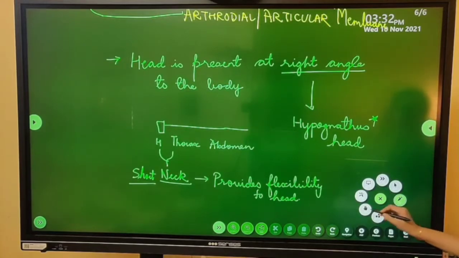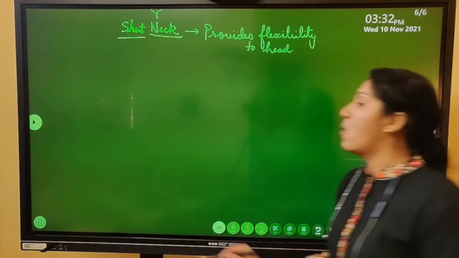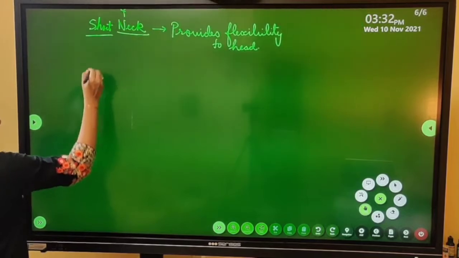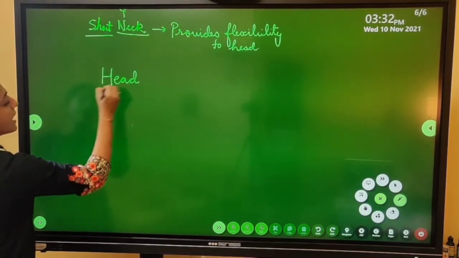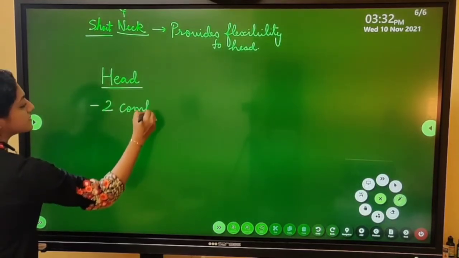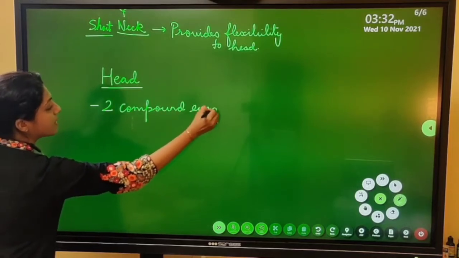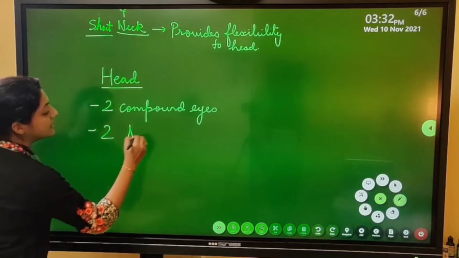And now let us move further. What all things will the head have? Head will have two compound eyes. We will see what we mean by compound eyes. It will have two antennae.